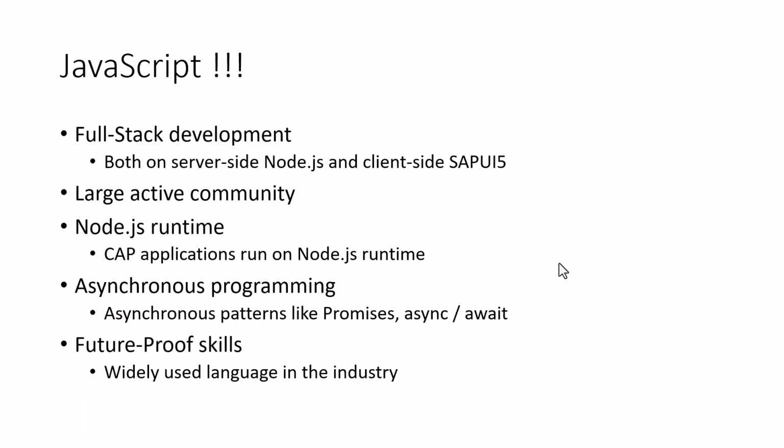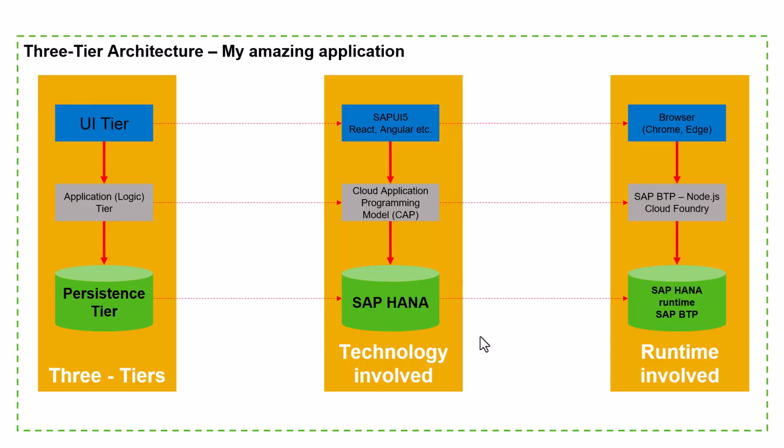Now, before we get started, because you're coming from the ABAP development background, you may not know too much about JavaScript, but I want to emphasize the importance of JavaScript when it comes to Node.js or CAP development. Like I mentioned, we are typically looking at a full stack developer. So when you're a CAP developer, you're pretty much taking control of all of these items.